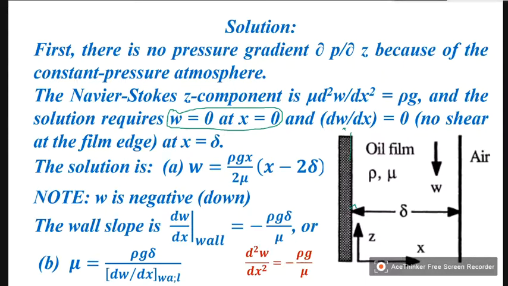Now what is the other boundary condition? The other boundary condition is at x is equal to delta. This is the x direction.